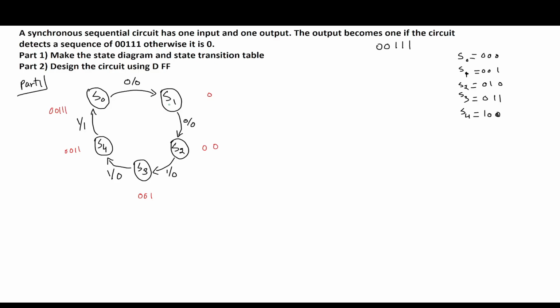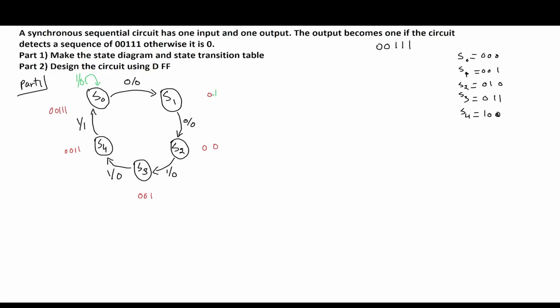Now let's see if we are at S0, and then we enter 1 instead of 0. We have only one option, to remain at S0 and start over. Here we entered 1 accidentally, the output will be 0. Now we are at S1, and we're supposed to enter 0. Let's say we entered 1. We have two options. We can remain at S1, or we can go back to S0.